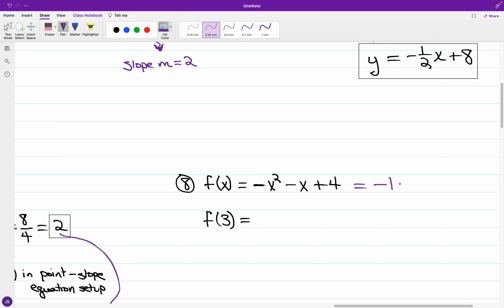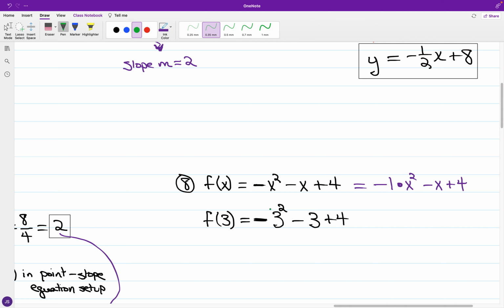So you're looking at -1 times x squared minus x plus 4. Okay, now with 3, so I'm looking at the negative of the square of 3, I got -3 plus 4.